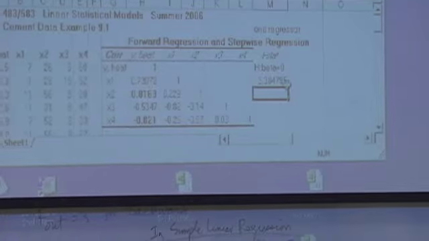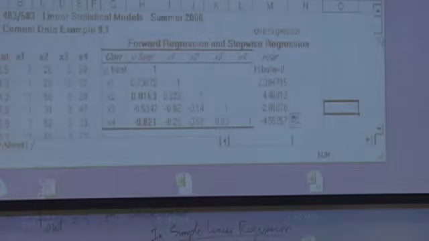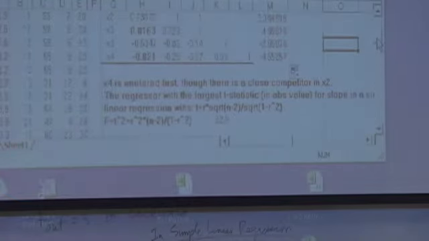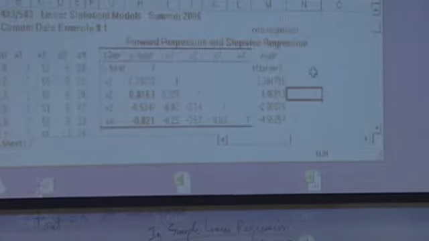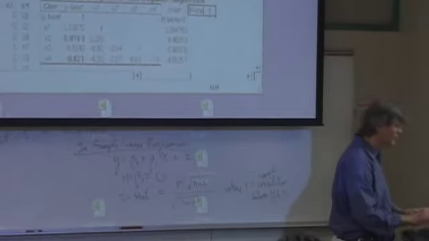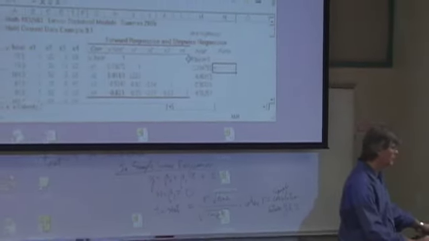Okay, so these t statistics are as follows. Let's see if I got this right. If I square that number, this is the F statistic, equals this number squared.